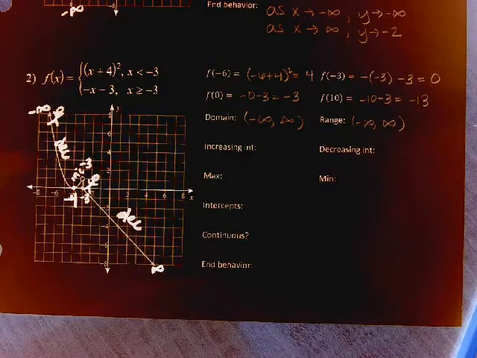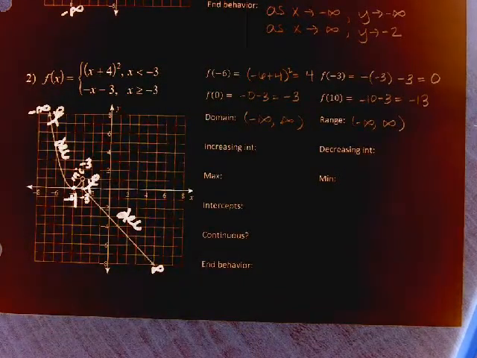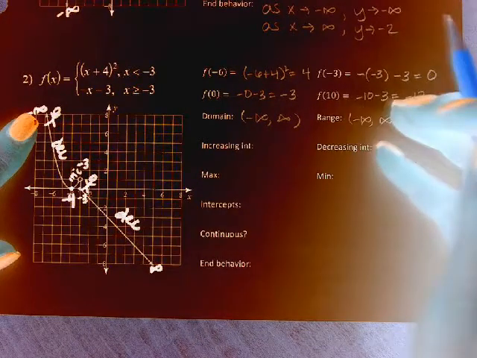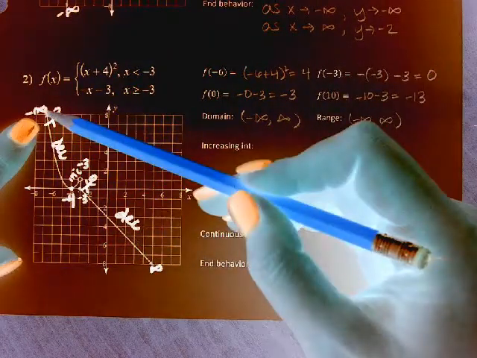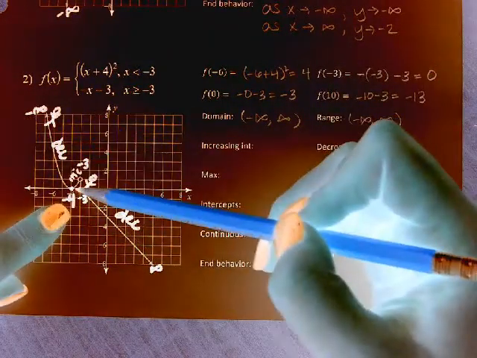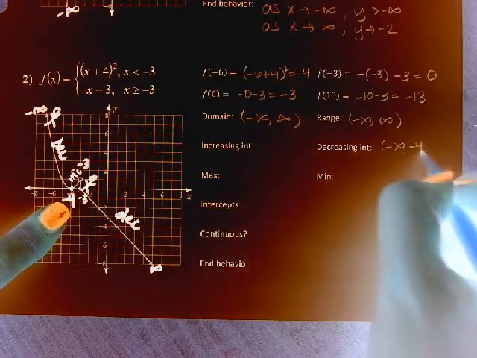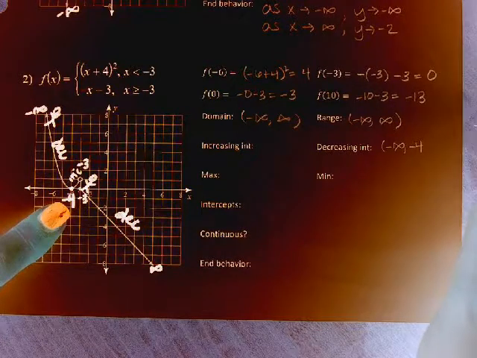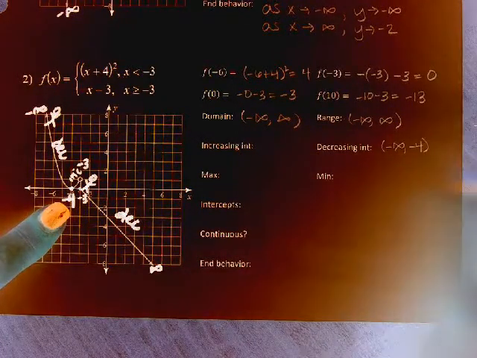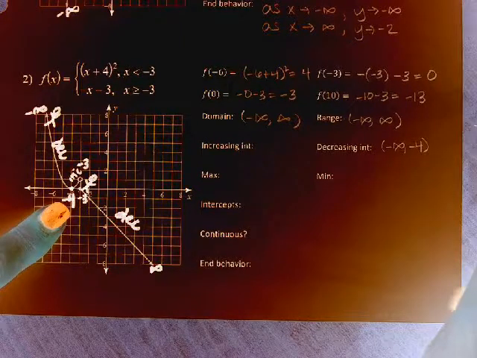Infinity. Okay. So we are going to say that for decreasing, he decreases from -infinity to -4. Do I use a bracket or a parenthesis? Parenthesis, always a parenthesis, no brackets on these, okay?